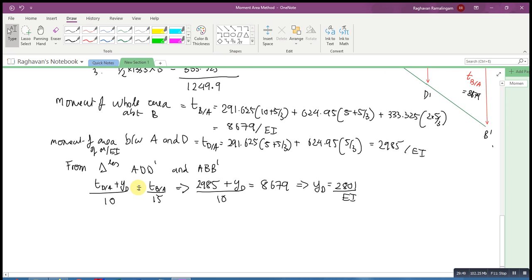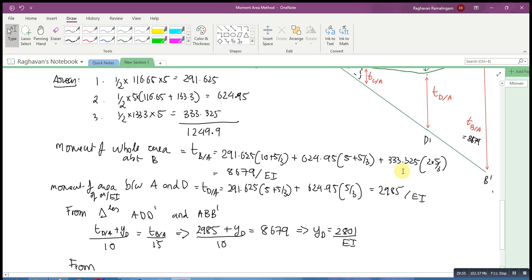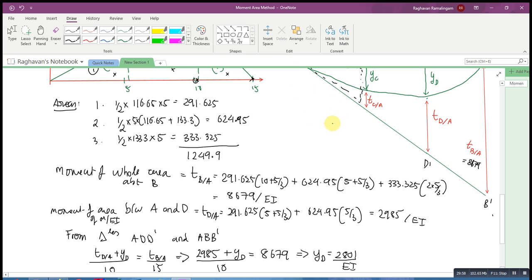And I can do a similar thing to find out YC. From the smaller triangle, I have not yet marked that C dash.